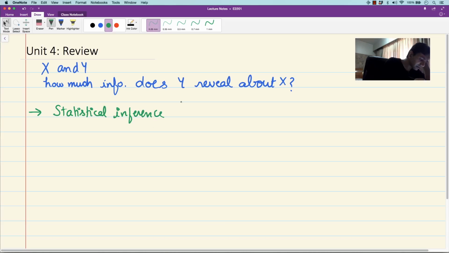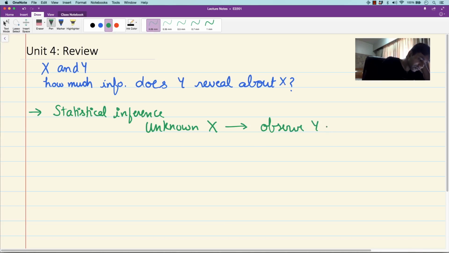So in statistical inference, there is an unknown, which is X for us. For each value of this unknown, you observe something. For each value of this unknown, this observed random variable Y has a different distribution.